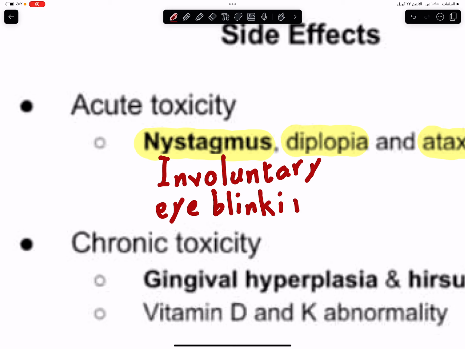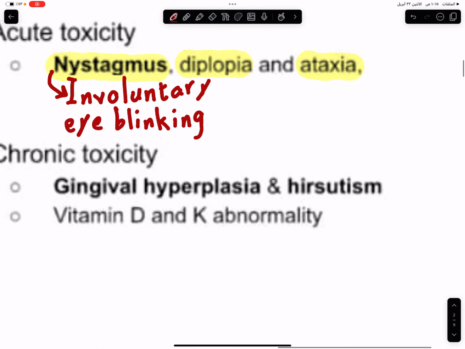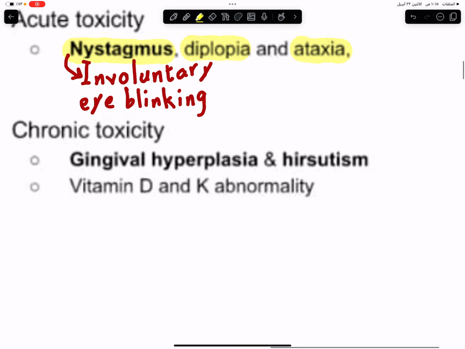The chronic toxicity, one is directly related to your clinics, that is gingival hyperplasia. If you remember, we discussed in cardiovascular, nifedipine gingival overgrowth. Overgrowth and hyperplasia are the same, you know, from pathology. It can also cause gingival hyperplasia, especially when we use it for longer duration.